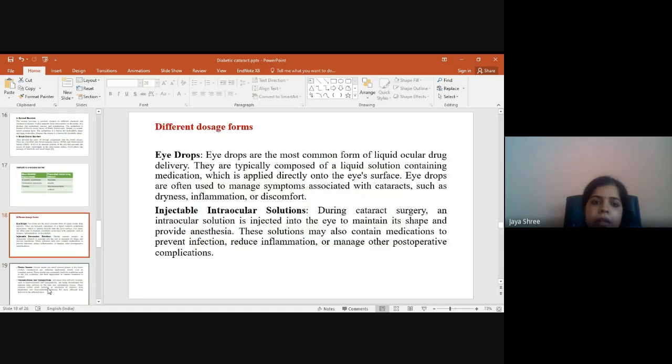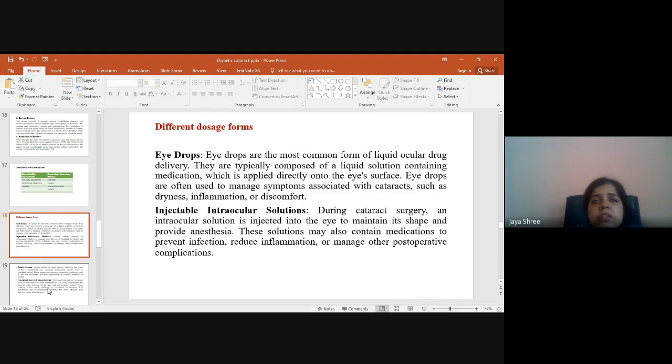Among them, eye drops are the most common form of liquid ocular drug delivery system. Eye drops are often used to manage symptoms associated with cataract, such as dryness, inflammation, or discomfort. So it is the most conventional ocular dosage form. And the second one is injectable intraocular solutions.